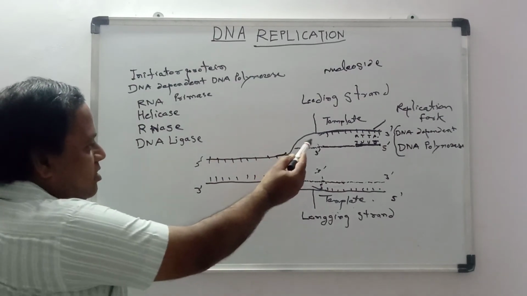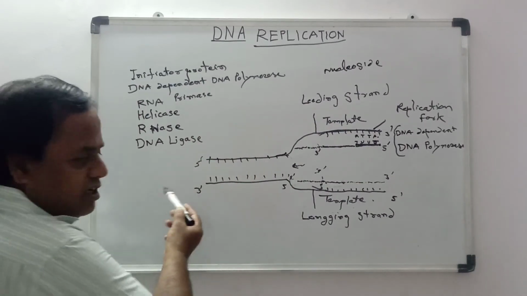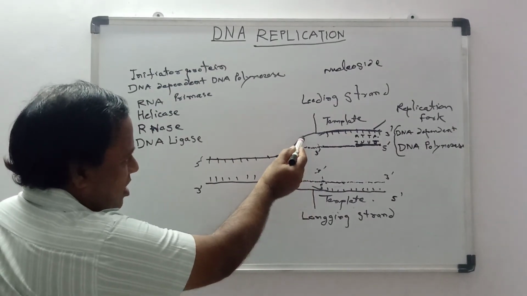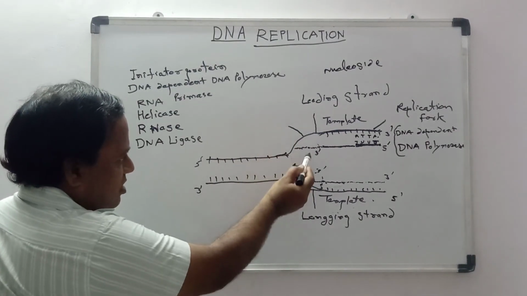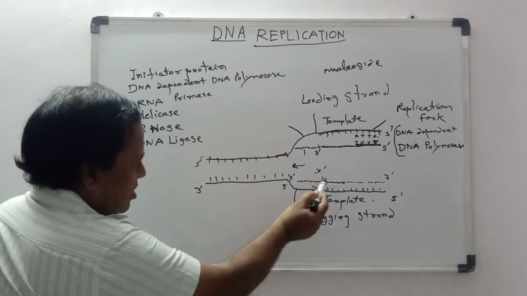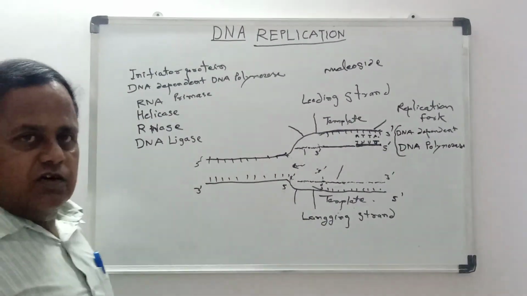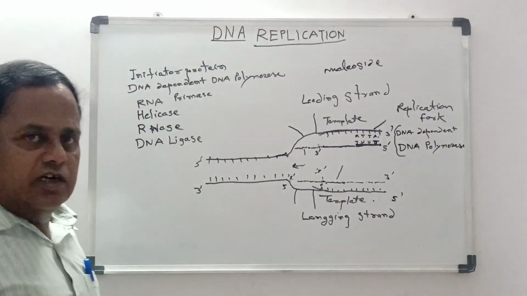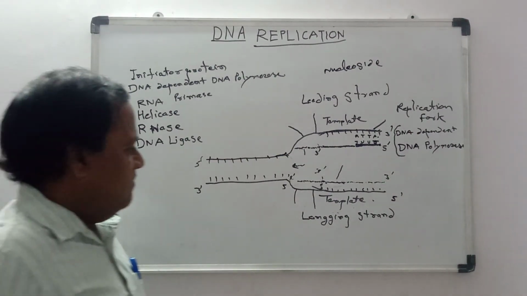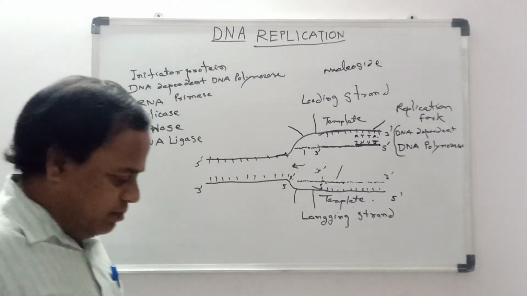And this process continues for the entire DNA strand, and hence the process produces one old strand and another new strand. Hence this DNA replication is called semi-conservative DNA replication. Okay, I hope you understood what is DNA replication.